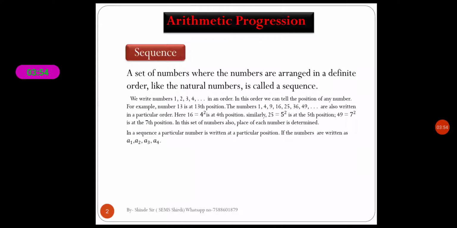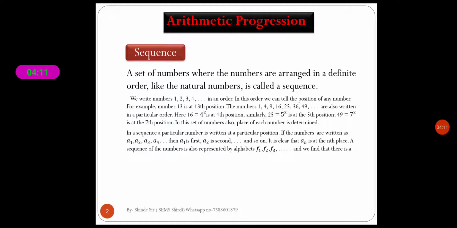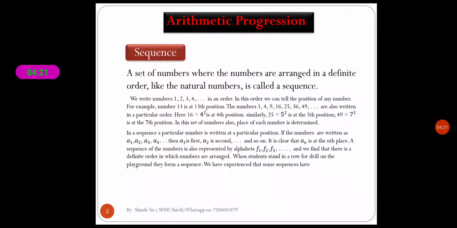If the numbers are written as a1, a2, a3, a4, then a1 is the first, a2 is the second, and so on. It is clear that an is at the nth place. A sequence of numbers is also represented by f1, f2, f3, and we find that there is a definite order in which numbers are arranged.